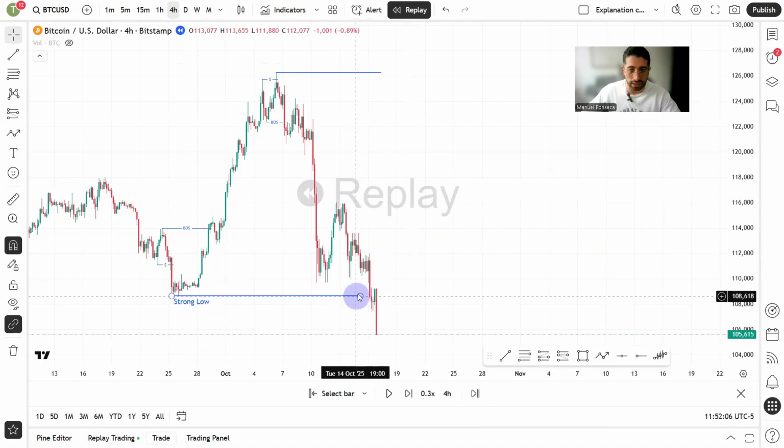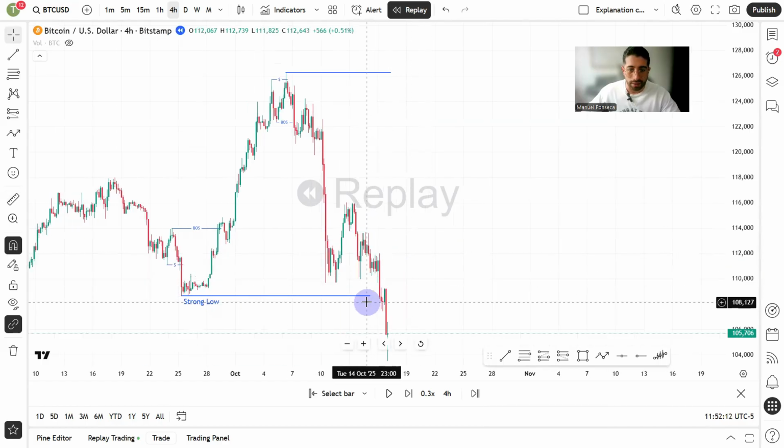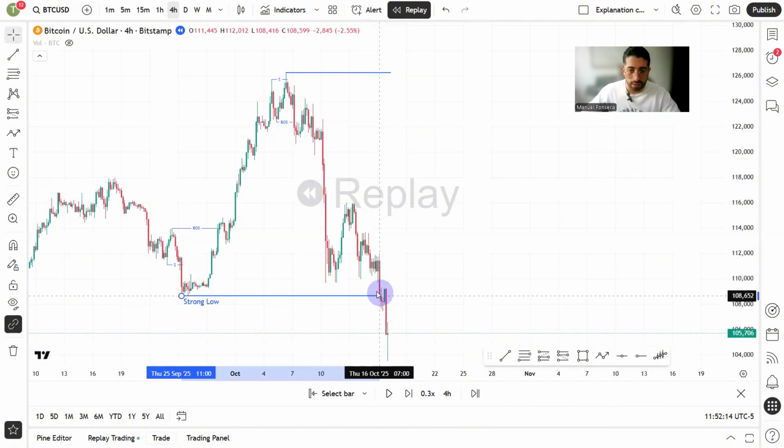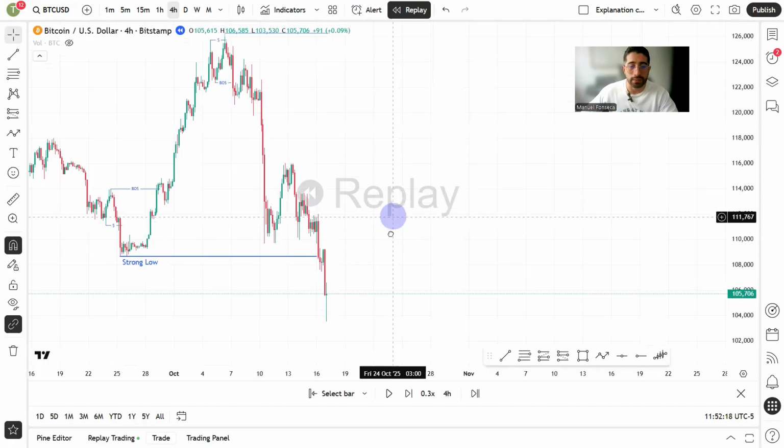Look, right here, we have a very clear market shift, which means a break, which means this is the change of the trend.